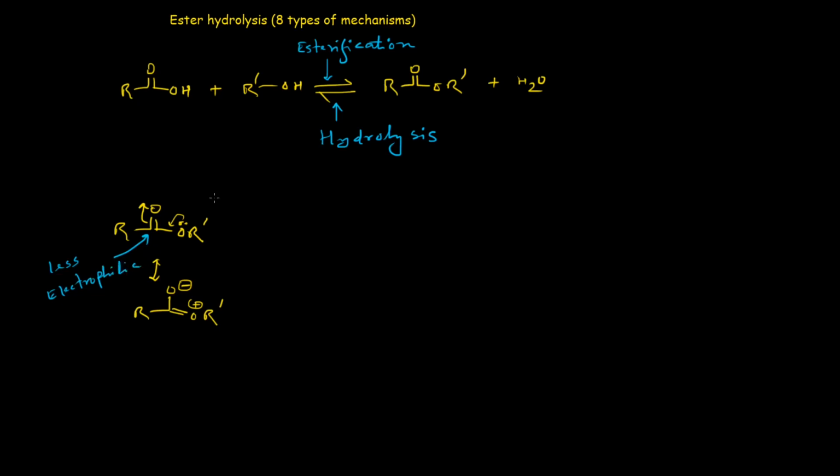And that's why we need an activator which will activate this particular carbonyl group of the ester molecule. And this is achieved via performing the hydrolysis reaction in either acidic medium or in basic medium.